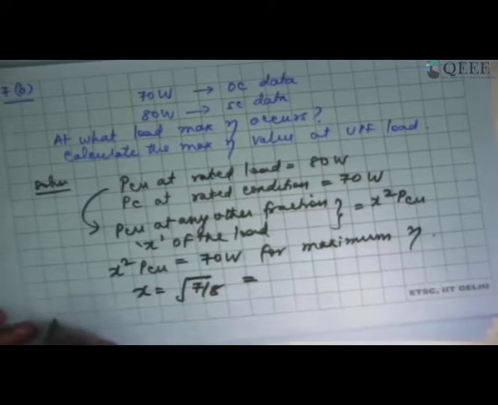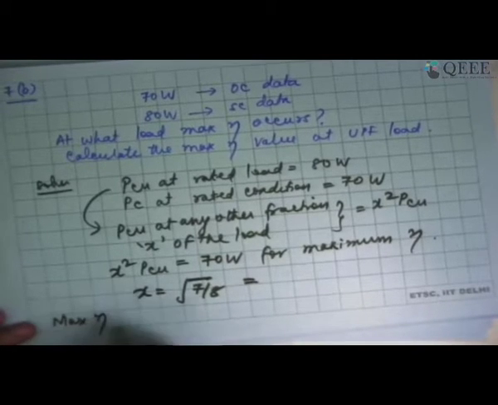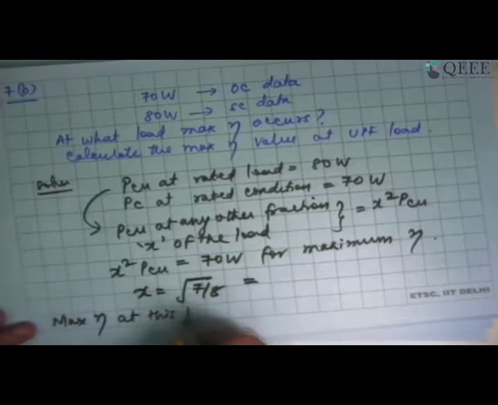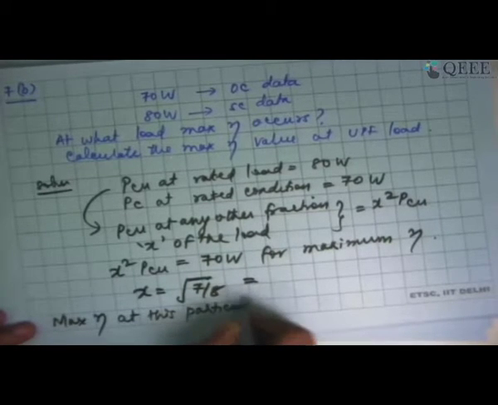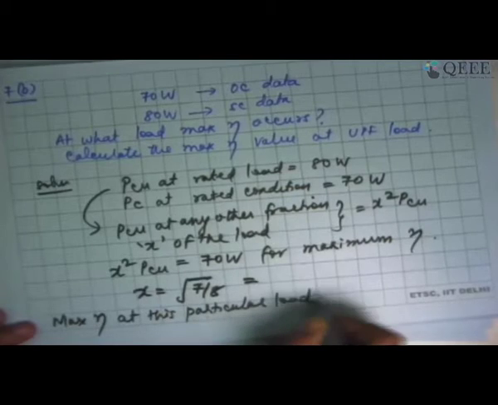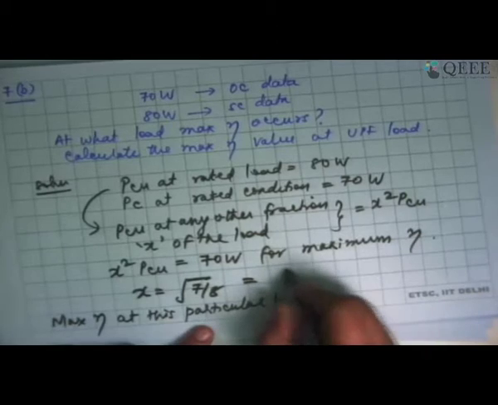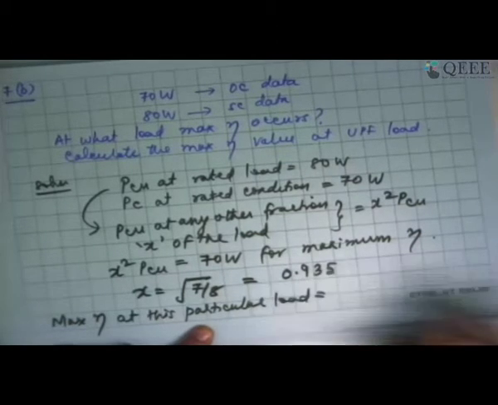Now the maximum efficiency at this particular load equal to, so what is root of 7 by 8? Can any one of you please tell me? 0.935. Great. So this is 0.935.